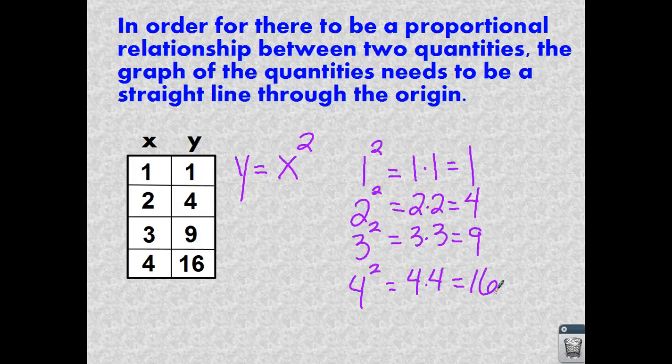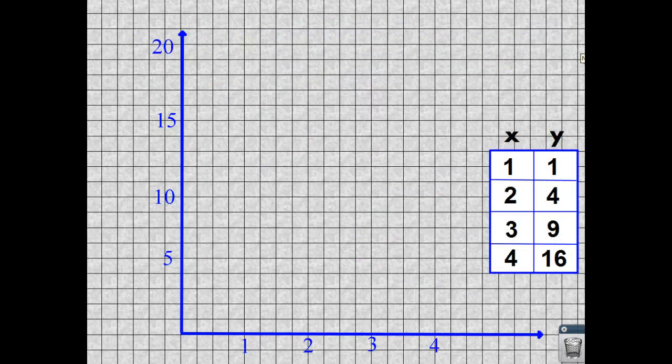So the relationship that we have of our inputs and outputs are that your inputs are being squared to get your outputs. All right, now how does that look on a table? Does this fit our idea of proportional relationships? All right, let me quickly graph this here. We have 1, 1. Now I've already set up your values on your grid. I had a small amount of x values, so I divided up the grid in fourths.